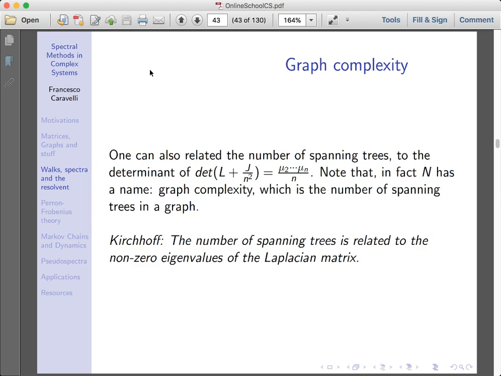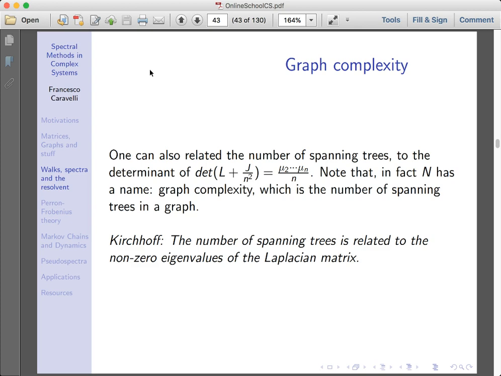This gives you exactly the number of walks of length k. Something related to what I just described is that you can also describe walks in terms of the Laplacian. One property is what is called graph complexity, which describes how hard or how complex a graph is, and it was introduced by Kirchhoff back in the days.